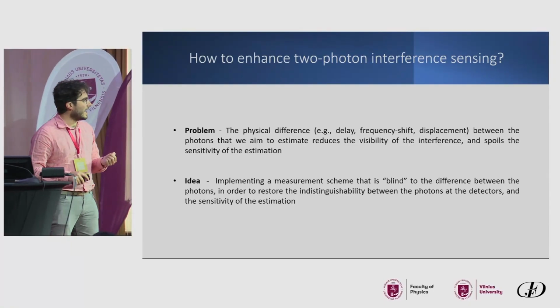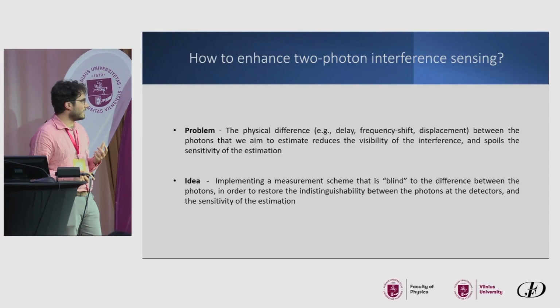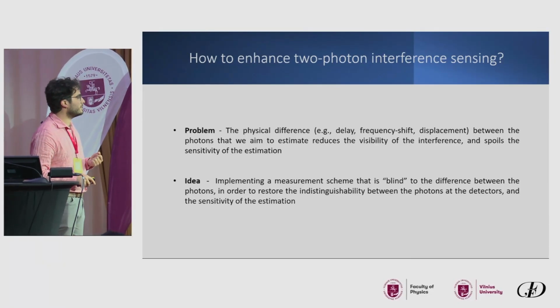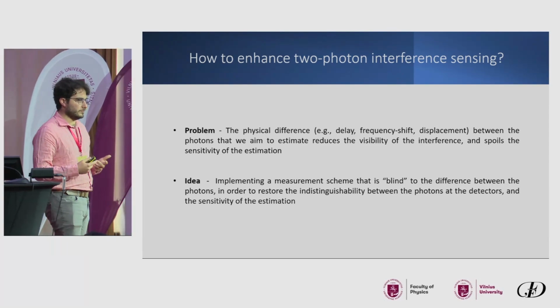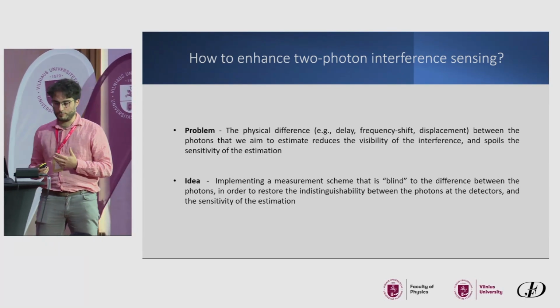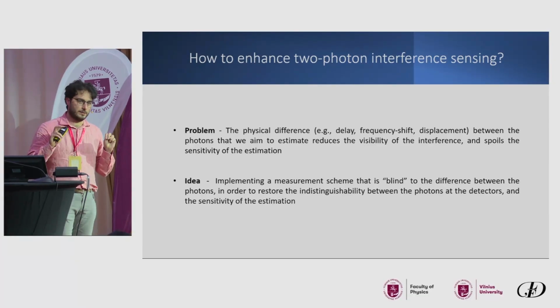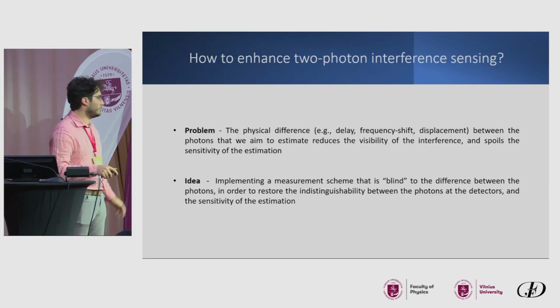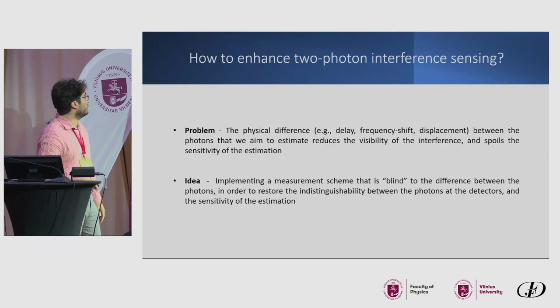But we are using an interferometric technique which relies highly on the indistinguishability between the two photons. And so the idea is: is it possible to conceive a different measurement which in a sense is blind to this distinguishability, regardless of how large the delay between the two photons is?